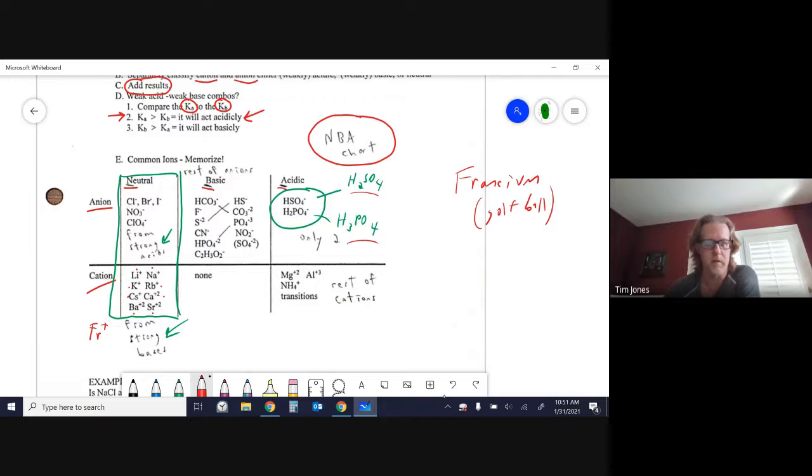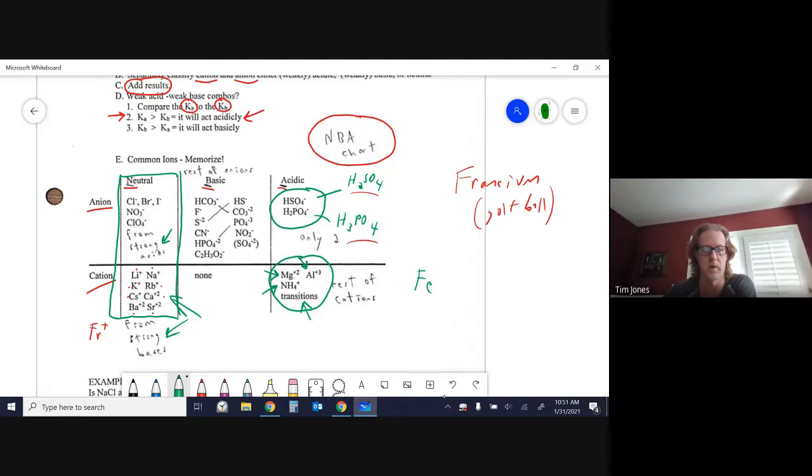All right, down here in the acidic cations, this is actually a pretty big list because it's all the cations that weren't mentioned over here, the neutral ones. So magnesium, aluminum, ammonium, and essentially all the transitions.